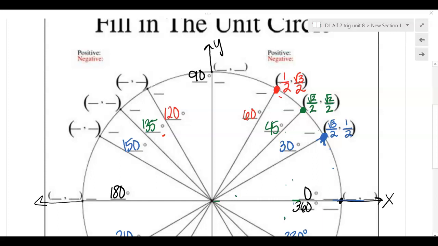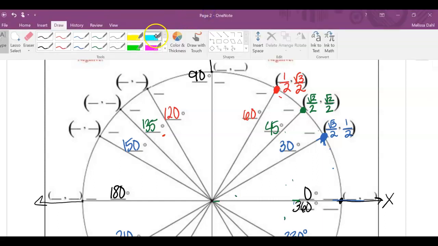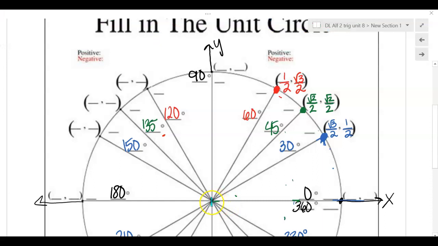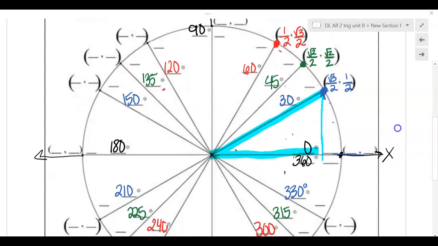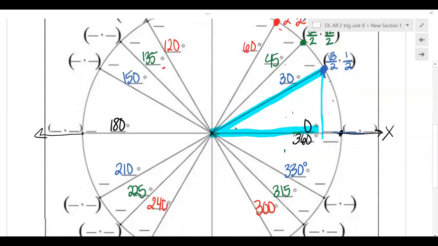But instead, I want you to just think about reflecting these positions over. So if I think about what I have here with this 30-degree position, we talked about this little triangle that exists here. Notice where I can reflect that triangle. That same triangle, if I reflect it over the y-axis, would end up over here.